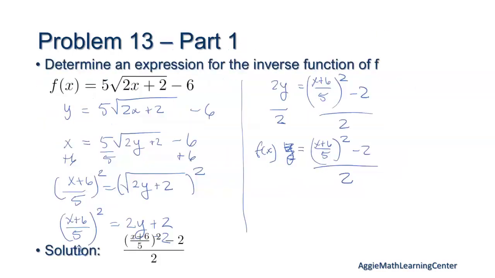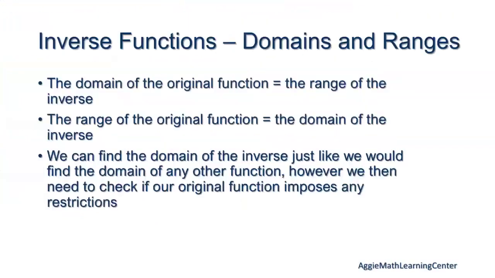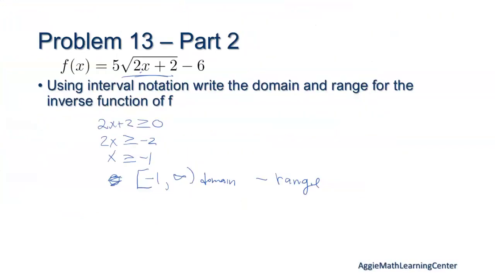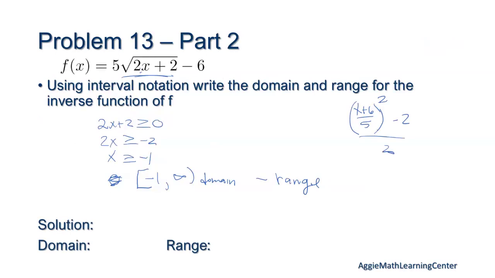And then probably the best way to find the domain of the function, this is the question we just did. So I know the equation, which is x plus 6 divided by 5, squared, minus 2, divided by 2, and this is y.